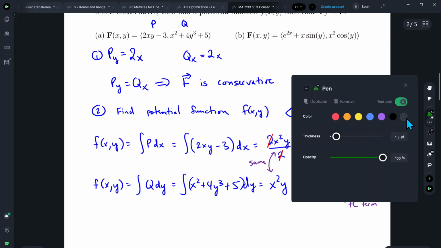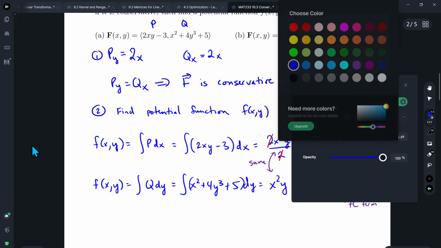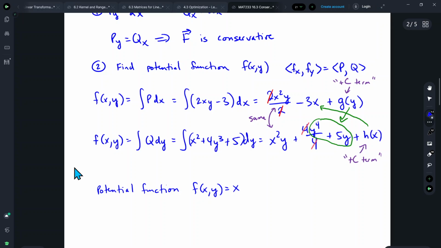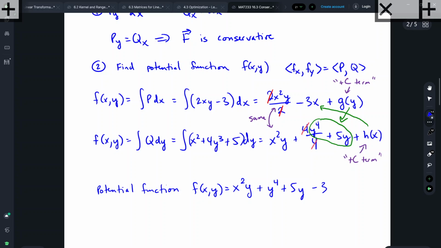Okay, so now we put everything together, and now we can write down our potential function. So what is it? This is the same for both, so it has to include the x squared y, has to include these two terms, so plus y to the 4th plus 5y, and it has to include the minus 3x. Okay, so putting everything together, this is our potential function.